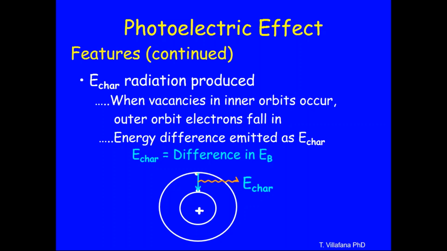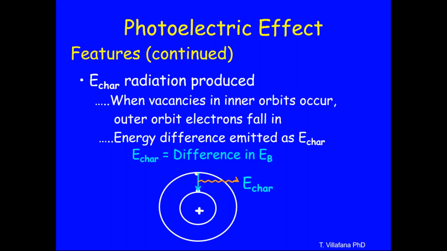It's going to happen again with photoelectric effect. It doesn't matter how you create a vacancy. It doesn't matter how you create the initial ionization. If you have a vacancy in an atom, electrons from higher orbits will tend to fall into those lower orbit vacancies and emit characteristic radiation.